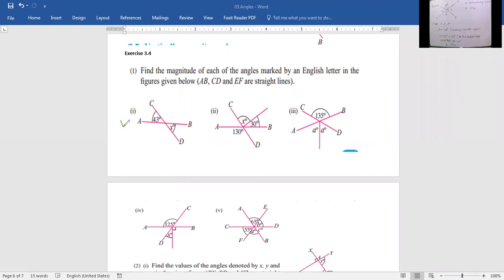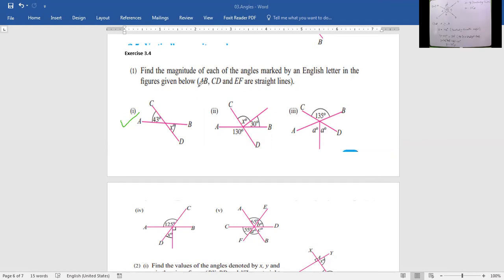This one, the first one, is the very easiest one, right? So pause the video and try it yourself. Find the value. Read the question here: find the magnitude of each of the angles marked by an English letter in the figures given below.